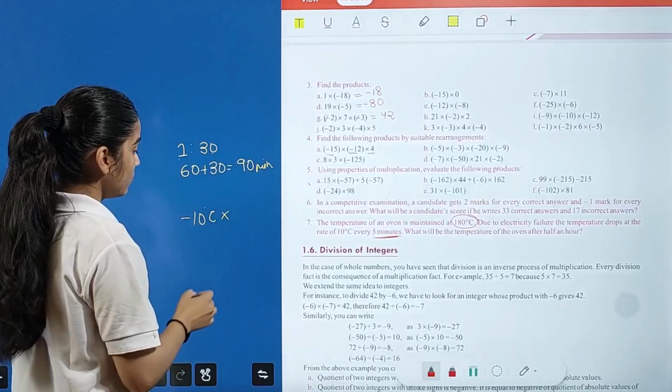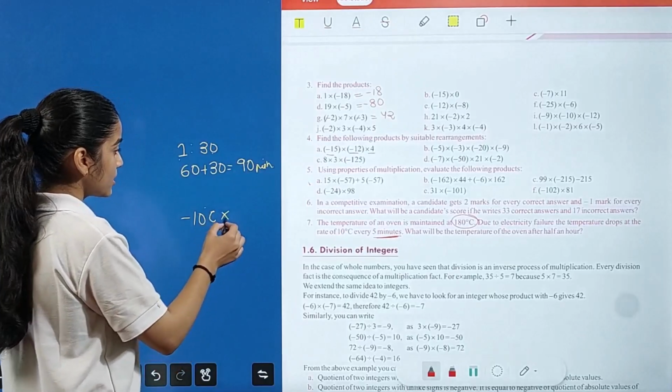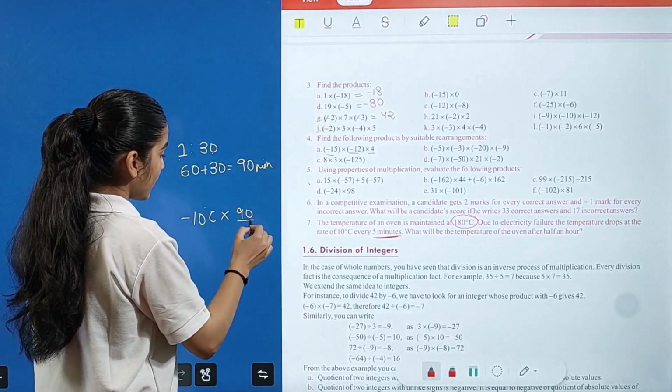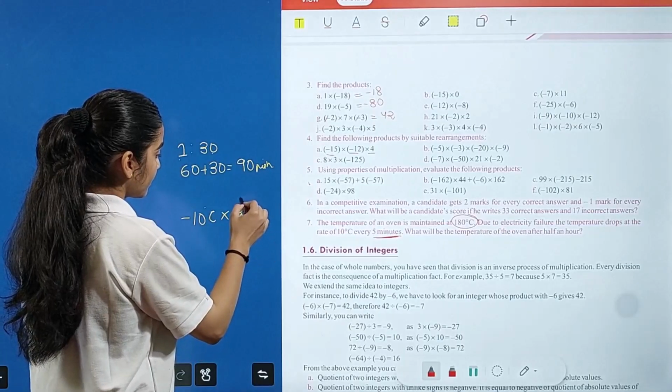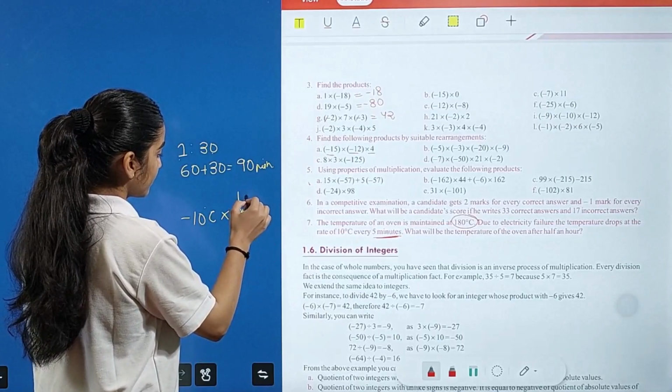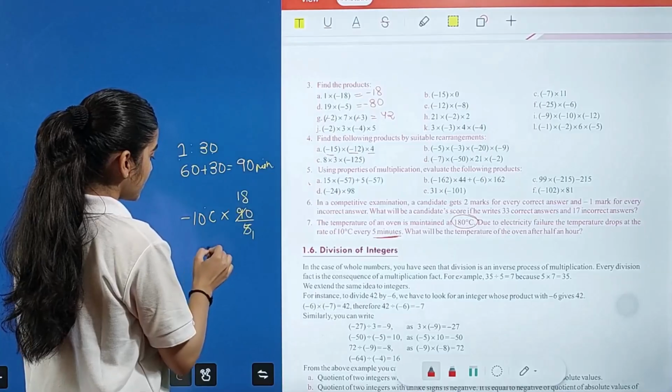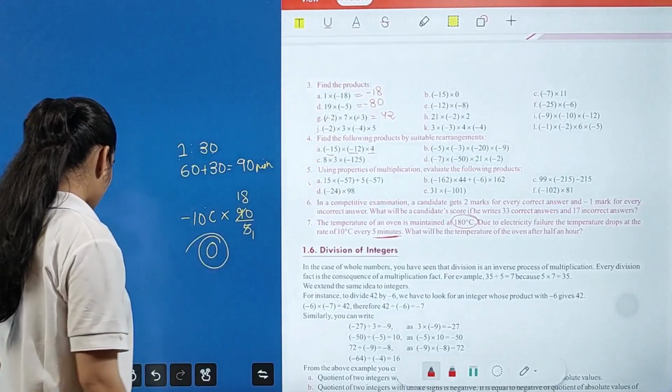Let me check for 90 minutes. 90 divided by 5, 0 degrees Celsius is your answer.